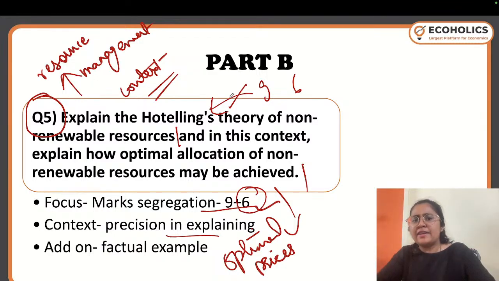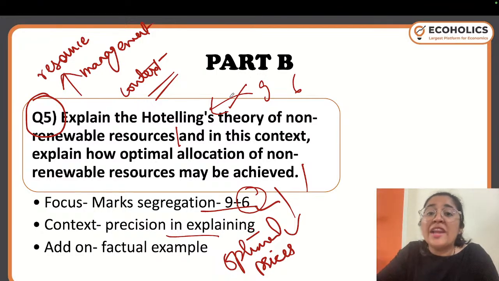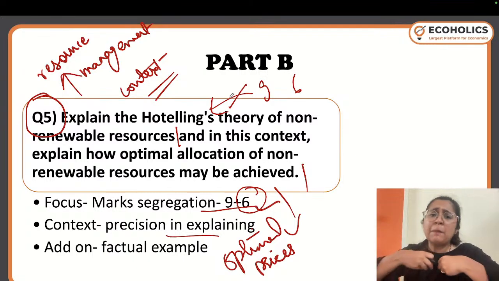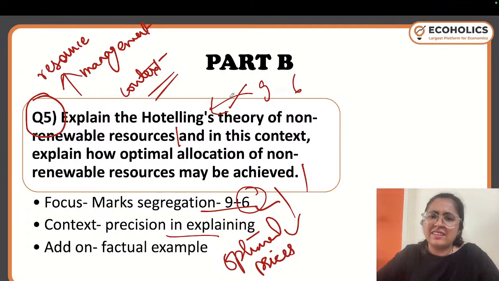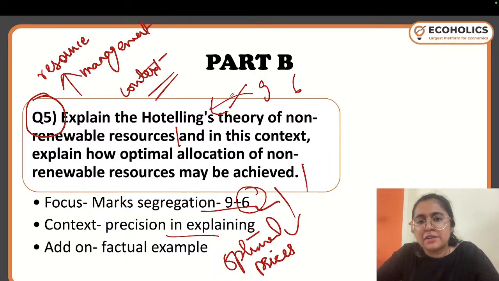Imagine coal prices, we know that coal is a non-renewable resource, okay? Let's say that the producer or the keeper, someone who is selling coal or oil, you all know, okay? Now let's say a certain country who sells oil to other countries keeps the price exceedingly high so that it can earn maximum revenue, maximum profit.